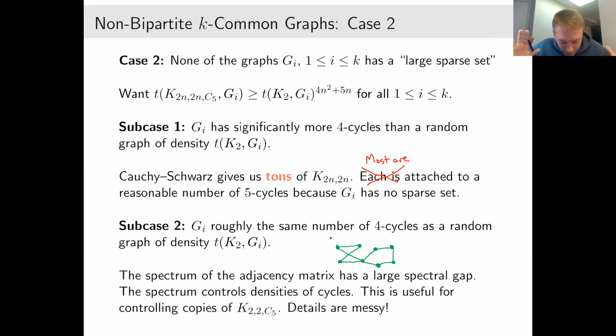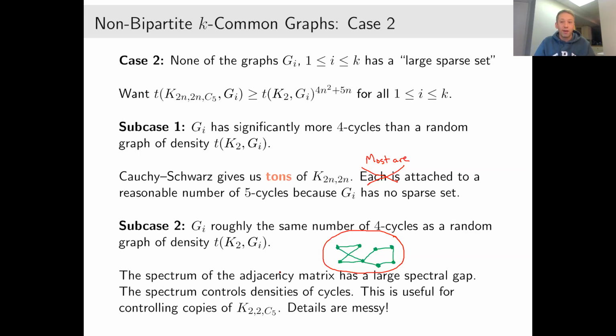So this is, again, the vague high-level intuition. The details here are a little bit messy, but using the fact that you have this large spectral gap, you can get a lot of copies of K_{2,2}C_5, which is the building block of our graph, because you should see a lot of 5-cycles and 4-cycles evenly distributed. The 4-cycles depend on the 4th power of the eigenvalues, and the eigenvalues are all small except for the main one, and the 5-cycles depend on the 5th power.